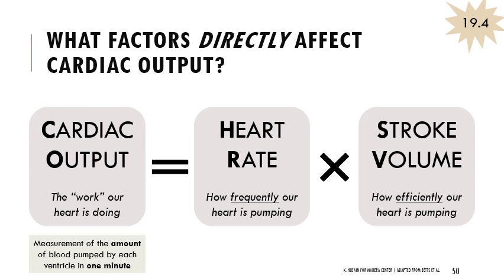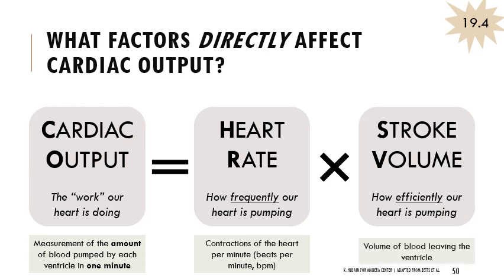So cardiac output is the amount of blood pumped by each ventricle in 1 minute. Remember, this is just one ventricle at a time, not the sum of both ventricles. It's the average of those. Heart rate is measured in beats per minute, or BPM, so the contractions of the heart per minute.